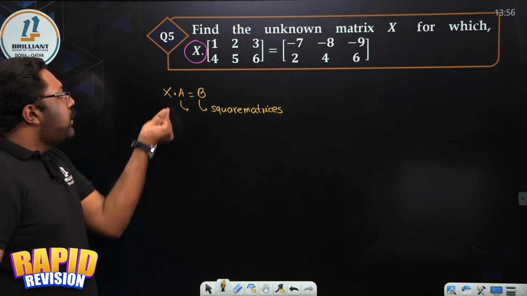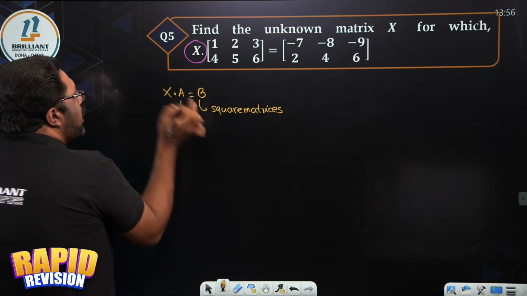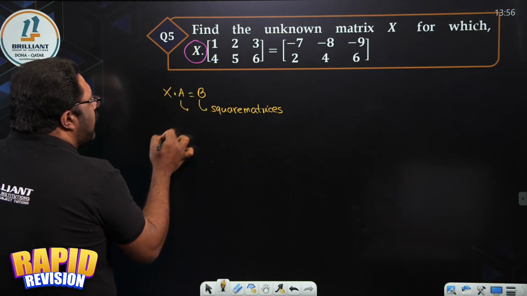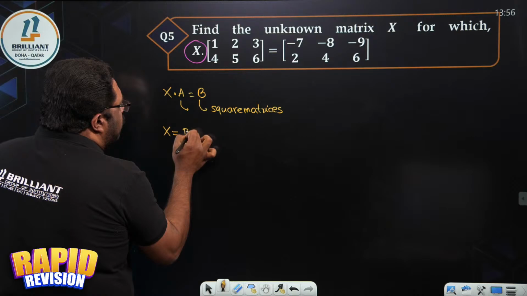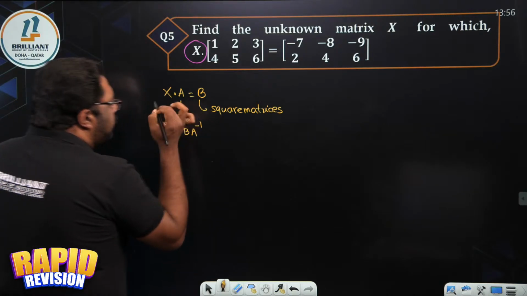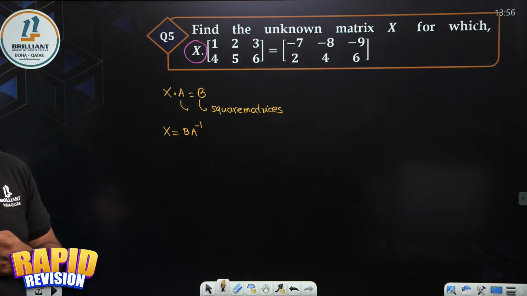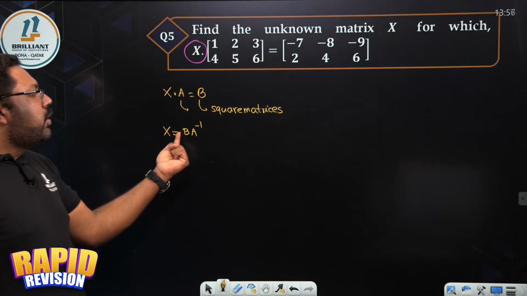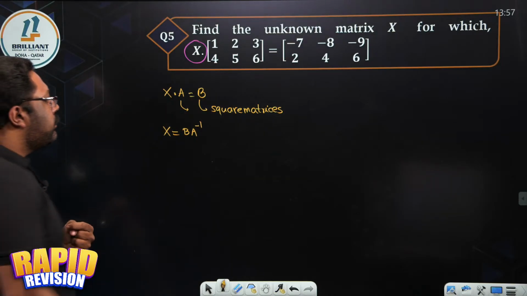You don't have to worry about what X is. You can say that X is equal to B into A inverse.